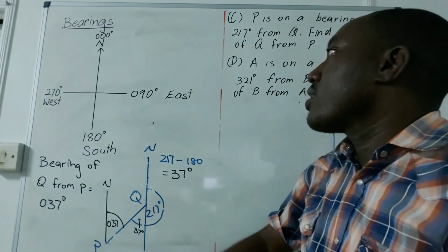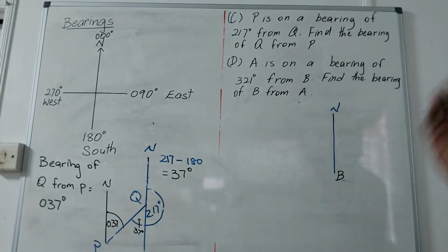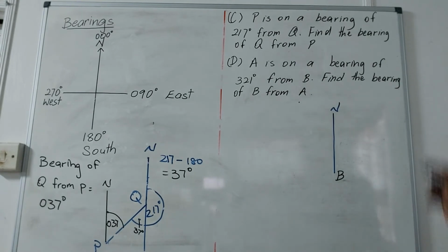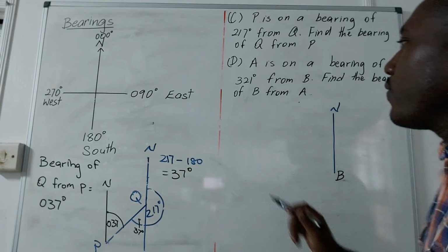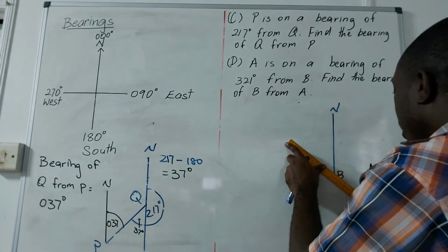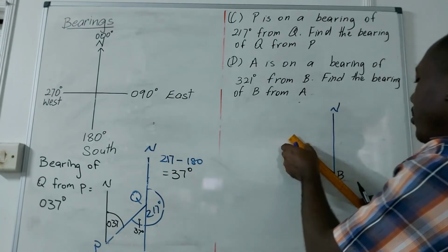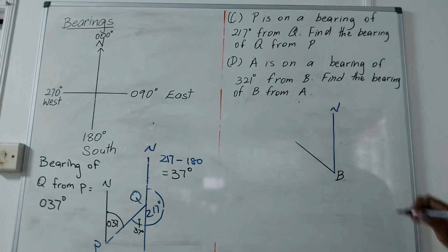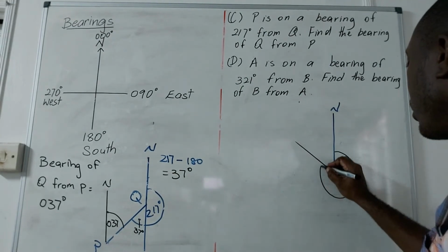270 and 360, which is also equal to 0, since it's on the north line. So this 321 will be between there. Remember, we're measuring in a clockwise direction, so it's 321 around here.